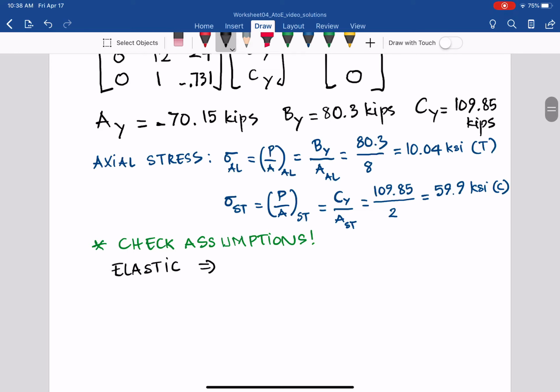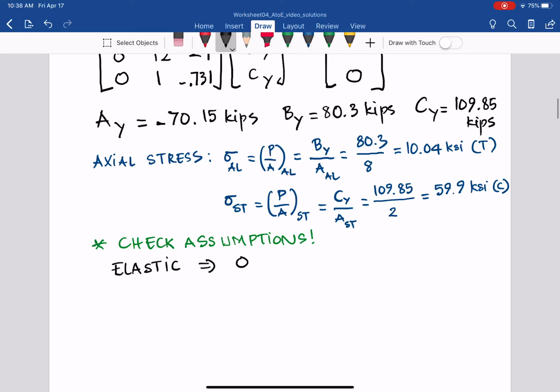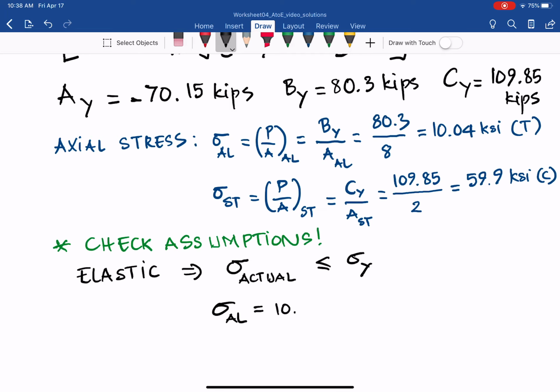And in the elastic region, with the elastoplastic behavior, when we model the performance of the material, the actual sigma on the body has to be less than the yielding stress of that material. So let's check. For the aluminum, we have sigma aluminum actual equal to 10.04 KSI.